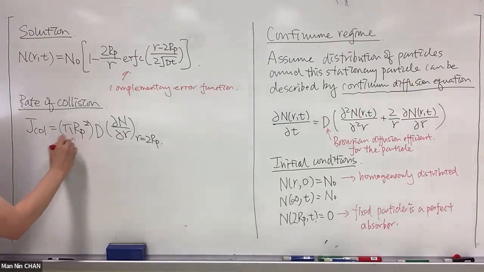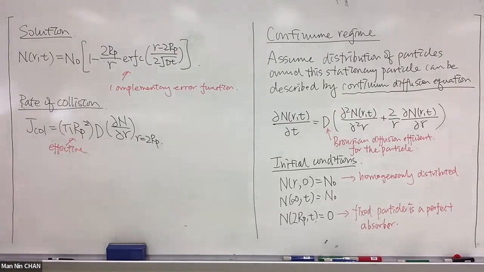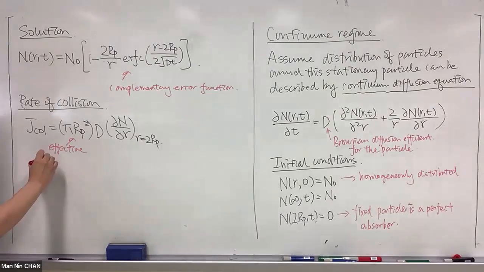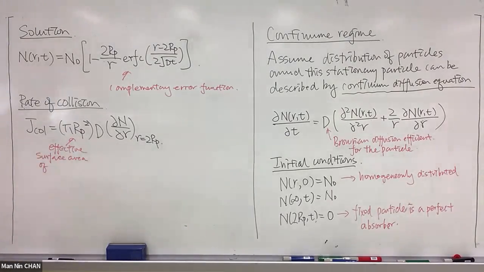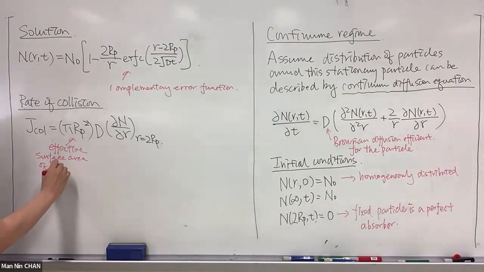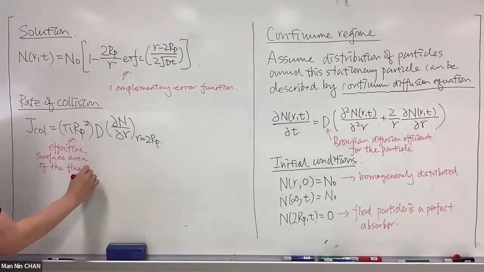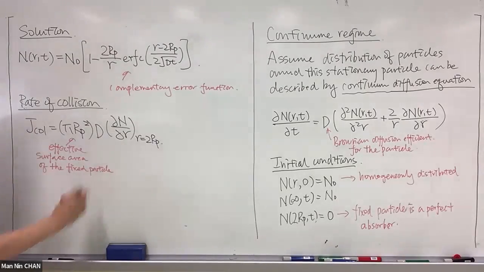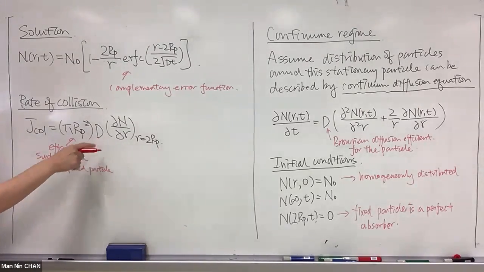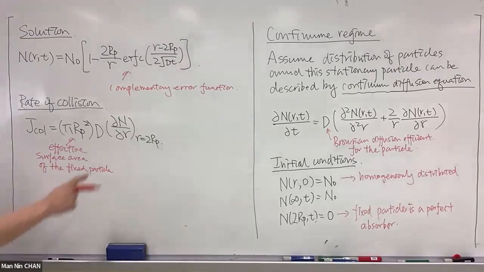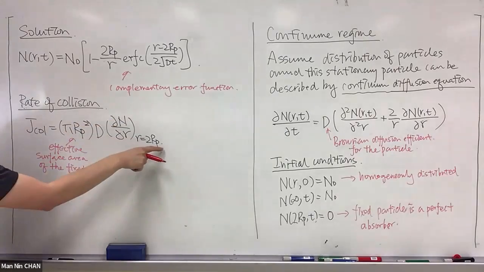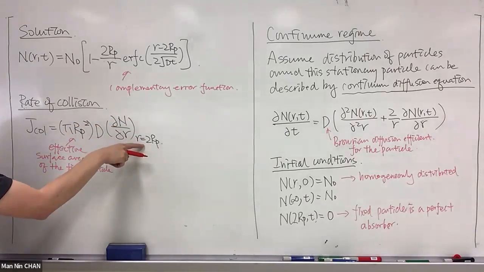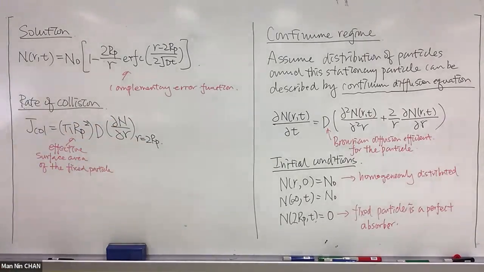The first term here is the effective surface area of your fixed particle, that means your stationary particle. And now, D is the diffusion coefficient of the particle, and then you're looking at the concentration gradient at the surface, so that is set at R equal to 2 Rp.